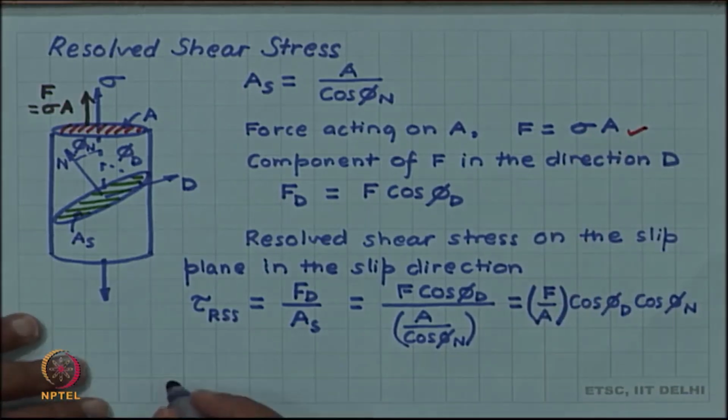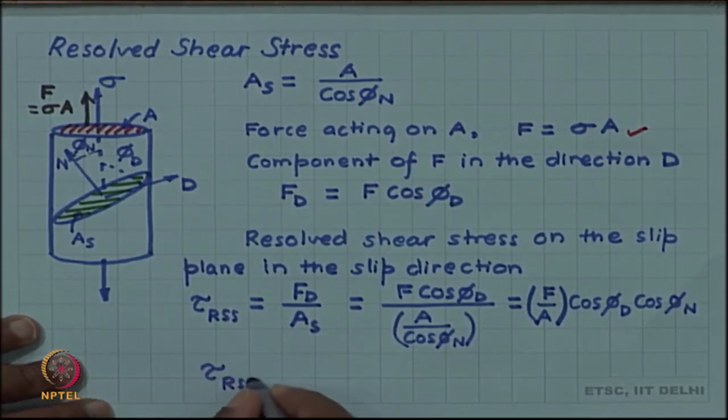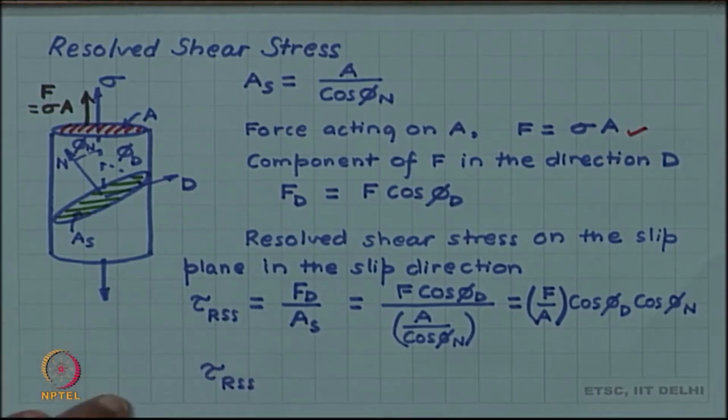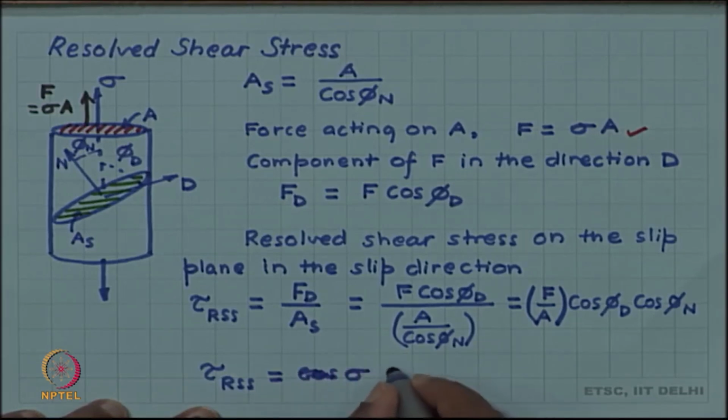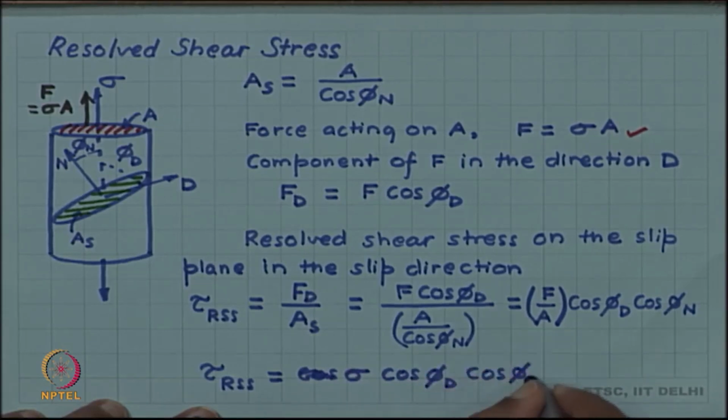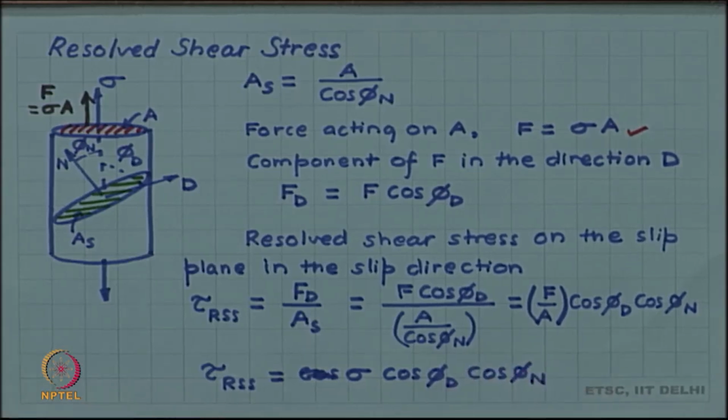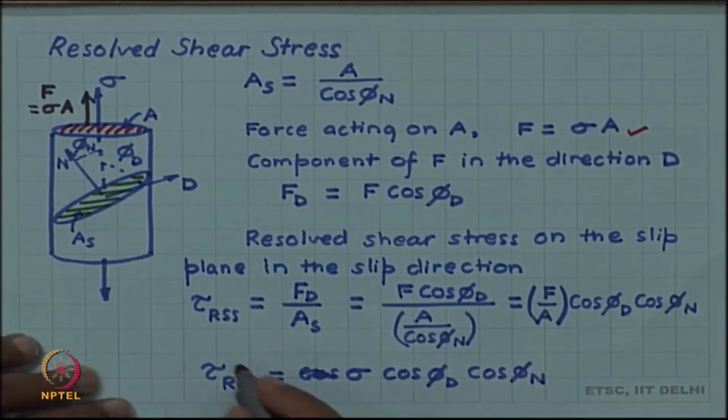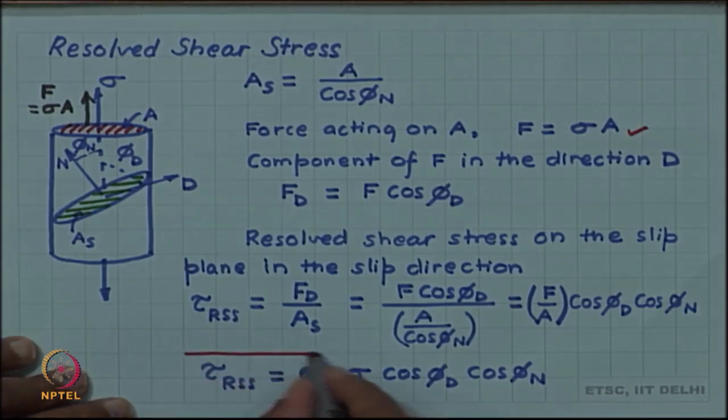So, we then get our final relationship which we will be using: sigma cos phi d cos phi n. So, this becomes our resolved shear stress.